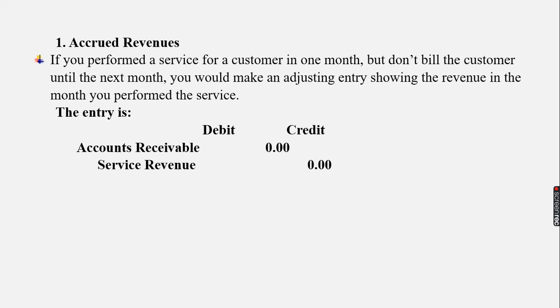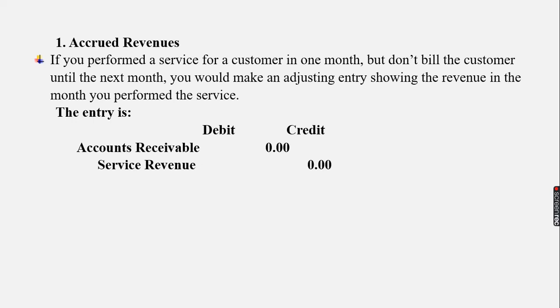So, ano yung sinasabi niya sa accrued revenues? Pag accrued revenues kasi, ito yung na-perform mo na. If you perform a service for a customer in 1 month but hindi mo pa siya na-bill until the next month, you will make an adjusting entry showing the revenue in the month you performed the service.